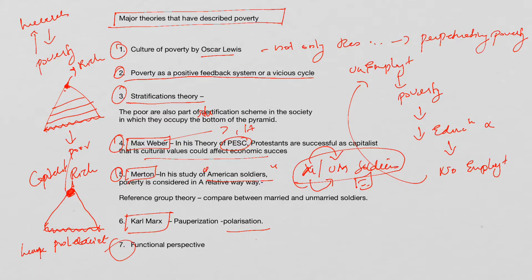Only with low wages, with very menial payment, can we get all this work done, like driver, cleaner, domestic help. All this work has to be done. These are functions of society. We need this category of people also. That is what the functional perspective says about poverty. That means the functional school says poverty is a social necessity, it is required.